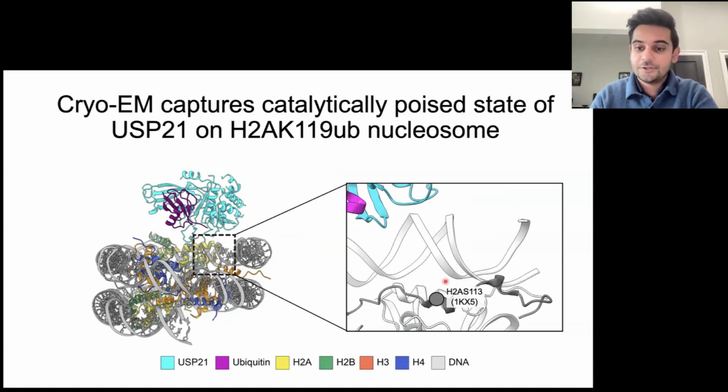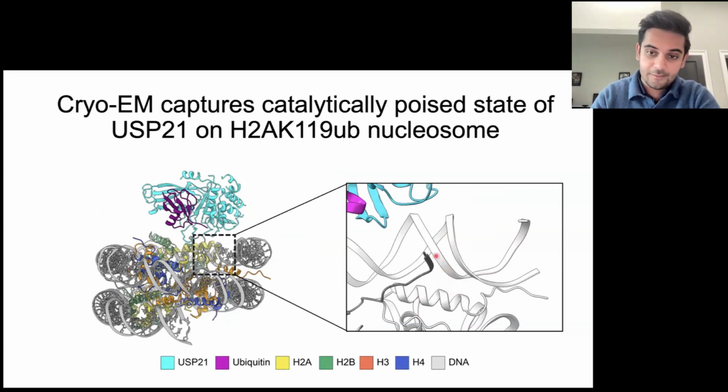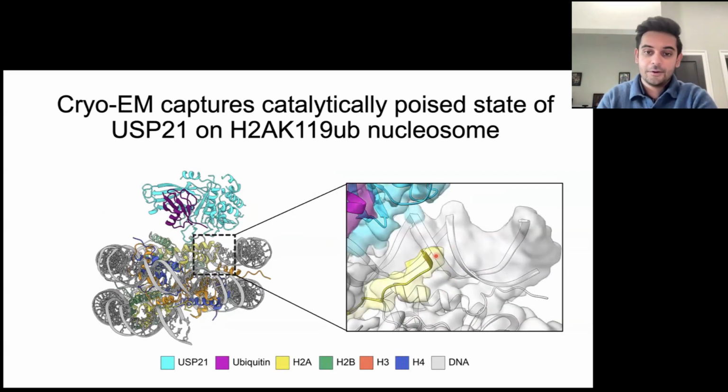But when ubiquitin is conjugated to this tail and USP21 is bound, we see a subtle conformational shift where the C-terminal tail lifts itself up off the surface of the histone octamer, orienting itself closer to the catalytic site of USP21. Along with this repositioning of the C-terminal tail of histone H2A, we identify two key interaction interfaces between USP21 and the nucleosome.